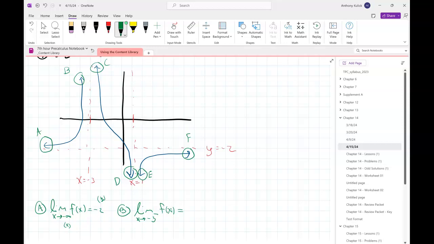Everybody's okay with that? Now, if I look at the arrow at B and I look at the y, what y value is that arrow pointing at? It's pointing straight up. What y value is straight up?